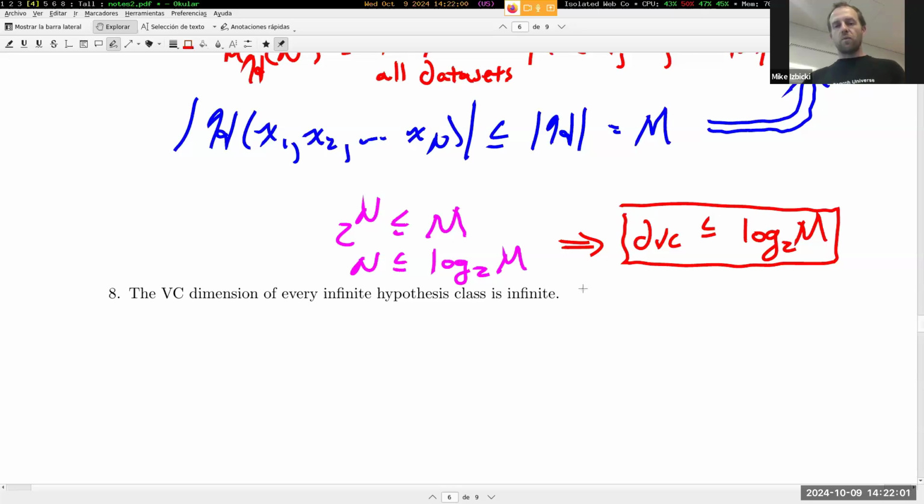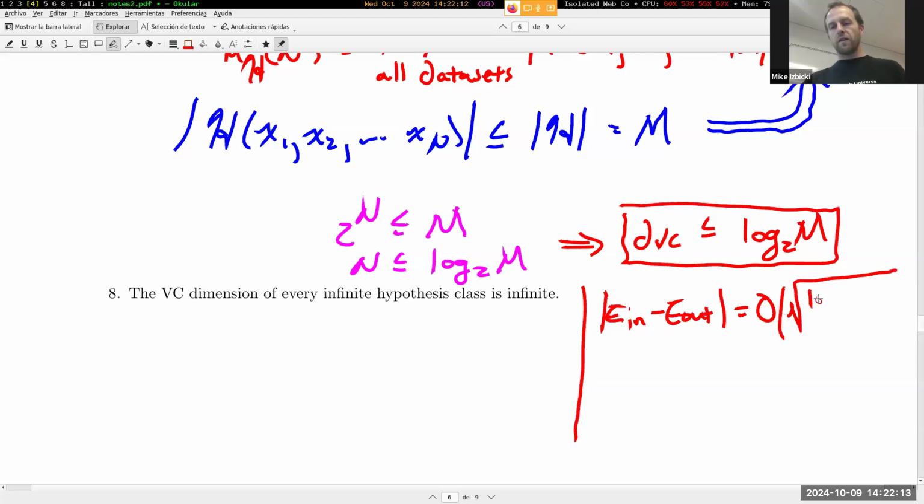Checking the work here, our VC dimension bound on our generalization error, E n minus E out, is O tilde of the square root of d VC divided by N, leaving out the extra terms.